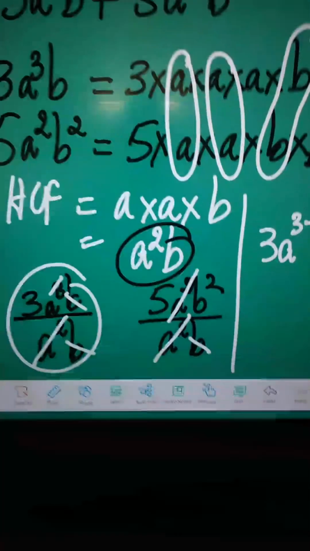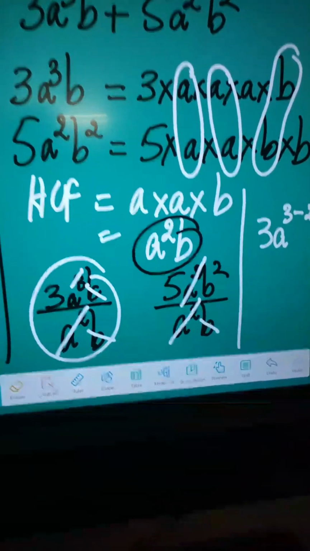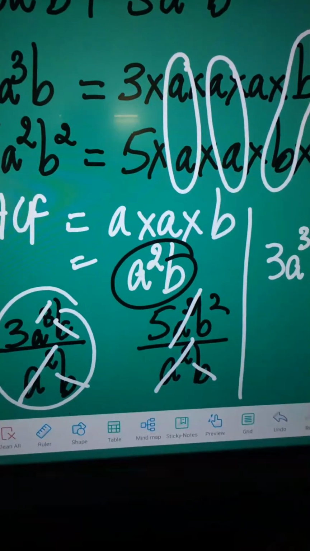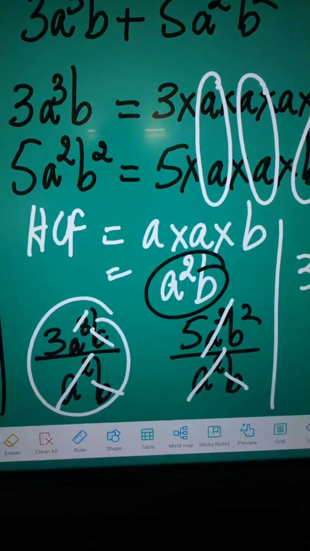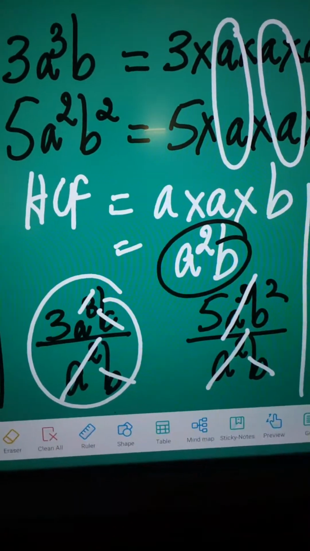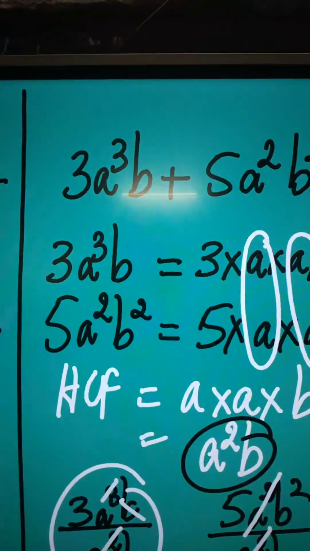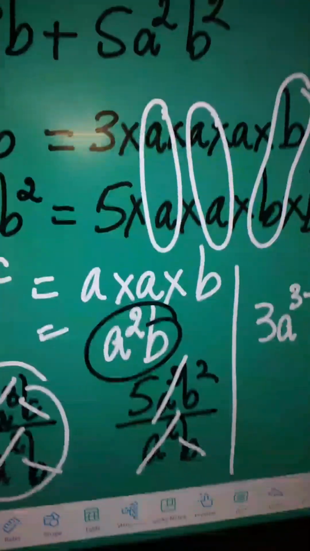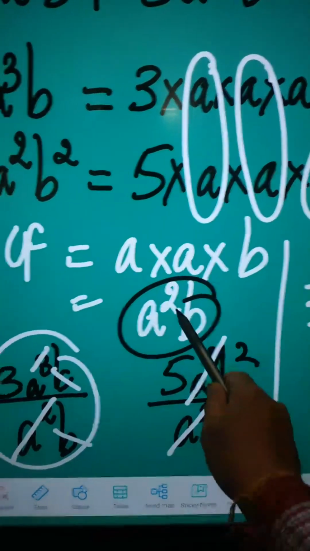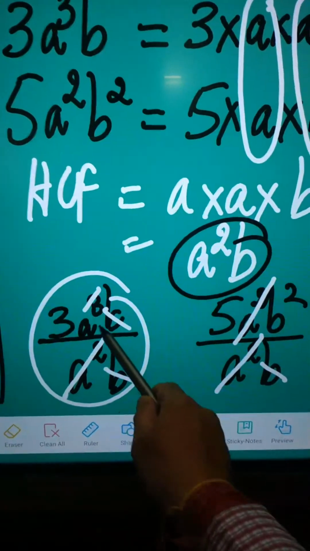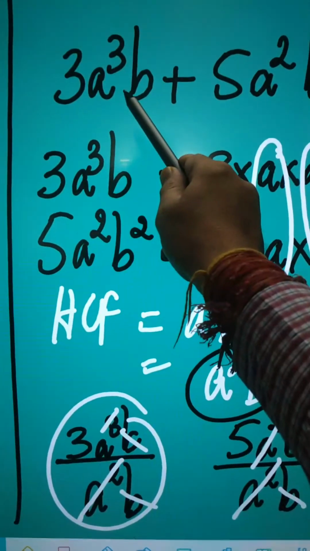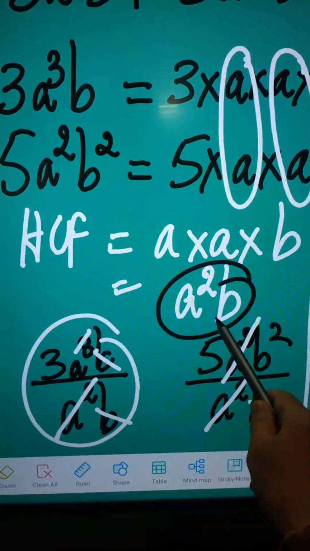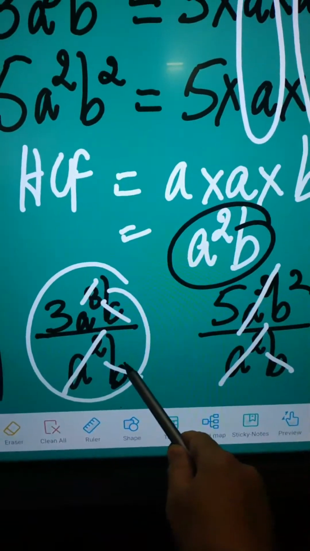See the steps again. If you all can hear clearly, type yes. The question was 3a cube b. First we found the HCF. This HCF should divide all the expressions. So when the first expression is divided by the HCF, you get some answer.